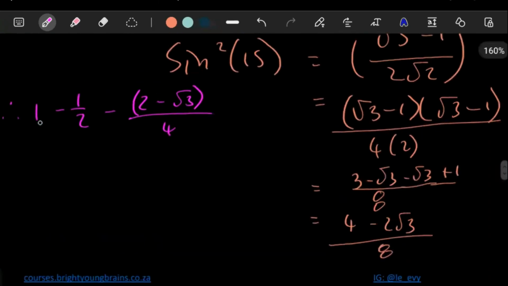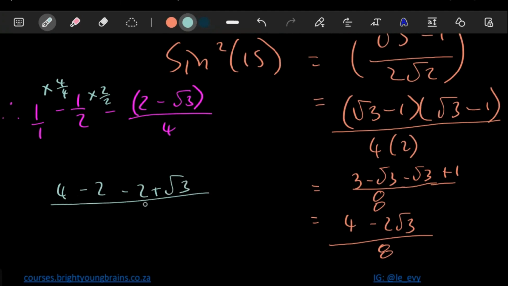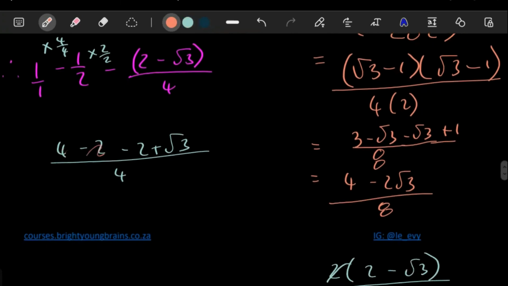So obviously this we can make it over 1 also. To get the same LCD, this is going to be 2 over 2, this is going to be 4 over 4. We're going to have here 4 minus 2 plus square root of 3, the whole thing over 4. And then 4 minus 2 minus 2, all these go away. Then you have square root of 3 over 4.